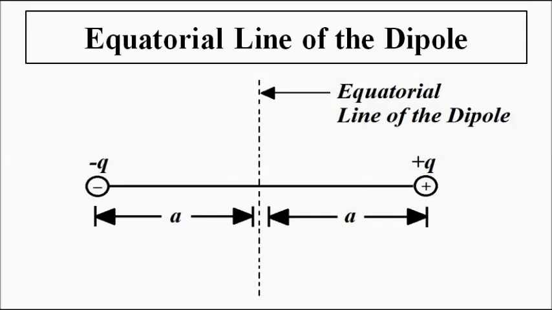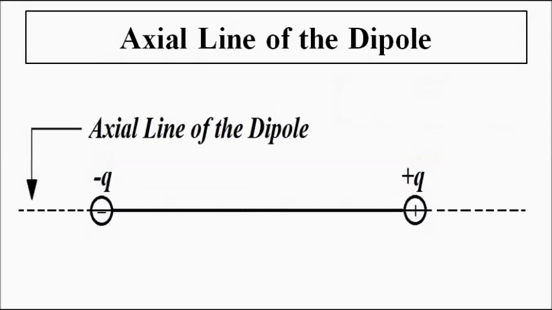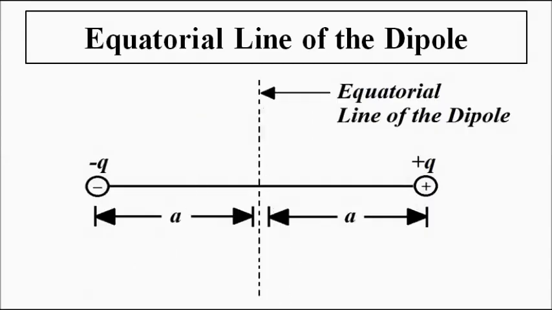Now why are the axial line and equatorial line important? Because the electric field due to an electric dipole is evaluated at any point on the axial line, in either direction, or at any point on the equatorial line. That's why these two things are very important.